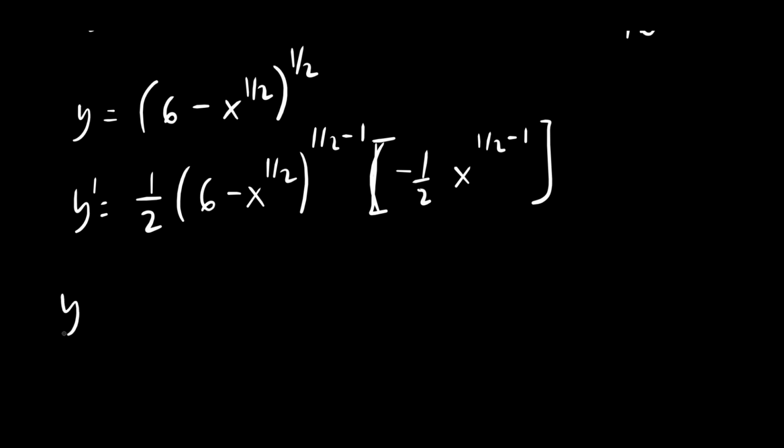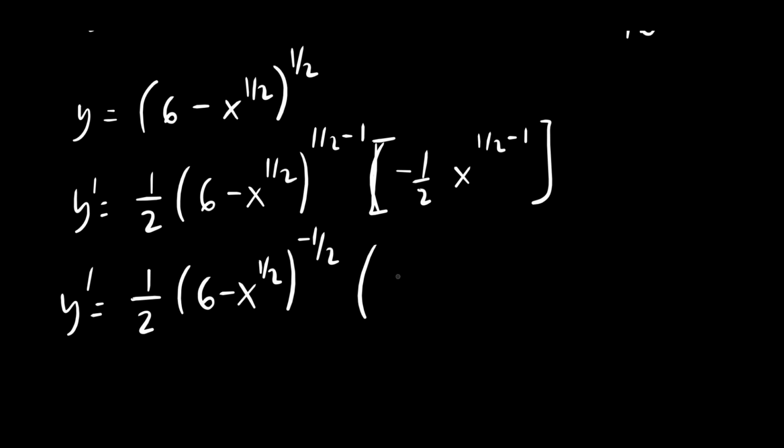So y prime is equal to 1/2 multiplied by (6 minus x raised to the power of 1/2), to the power of 1/2 minus 1, which is just equal to negative 1/2, multiplied by negative 1/2 times x raised to the power of 1/2 minus 1, which is just equal to negative 1/2.